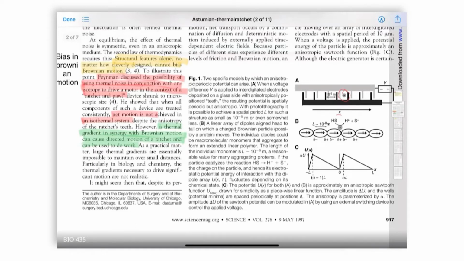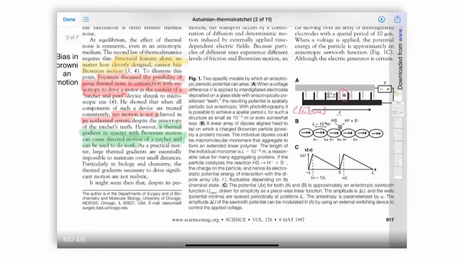And the question is, will this geometry give us directional motion? Now, the assumption is that this charged particle is capable of moving randomly, diffusing, in other words, thermally. A similar analogy is also made with, so this was, of course, electrical.